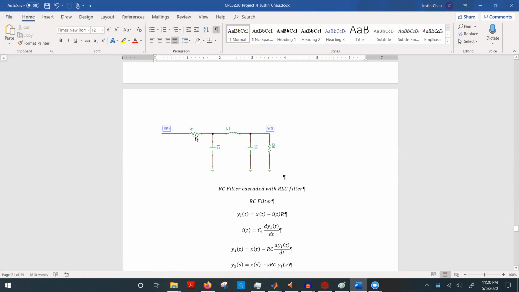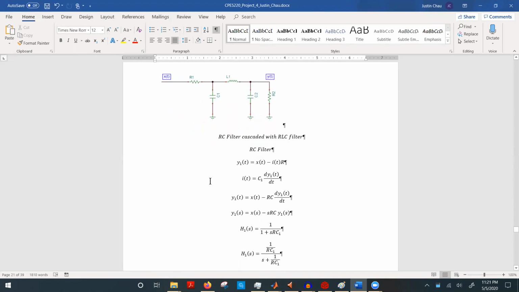Because I don't want my filter to have that resonant peak, I want to dampen my LC circuit into an RLC circuit using this resistor. When we think about damping, we can overdamp, underdamp, or critically damp. I'll talk about the damping a bit later, but we'll end up wanting to critically damp our RLC circuit.